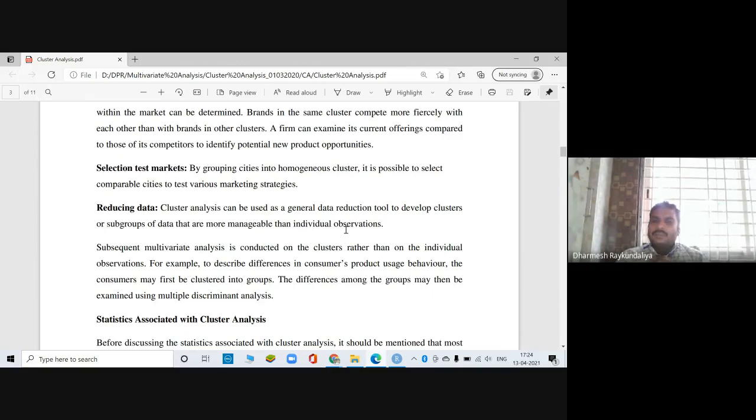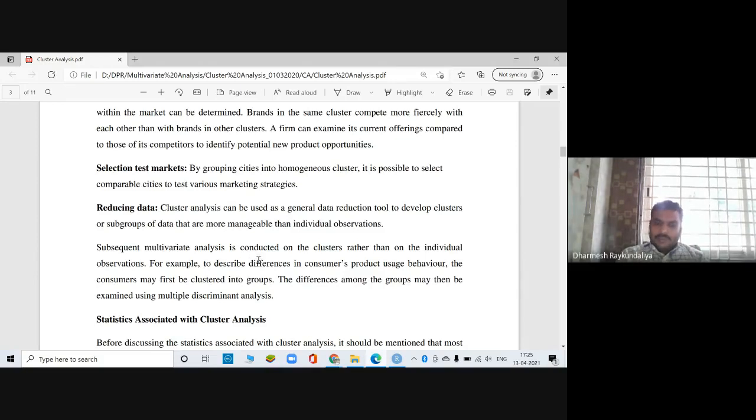It is very difficult to study a thousand respondents. But if those thousand respondents can be divided into four clusters, somewhere 500 respondents, somewhere 250, somewhere 115, somewhere 100, then instead of studying a thousand respondents, you have to study only four groups, and that is easier than studying the individuals.